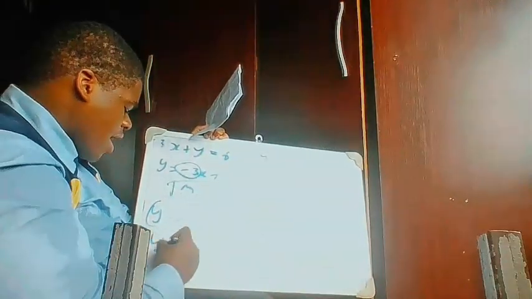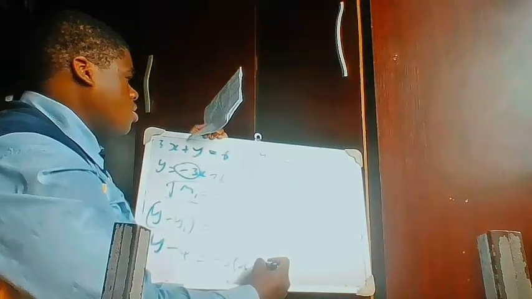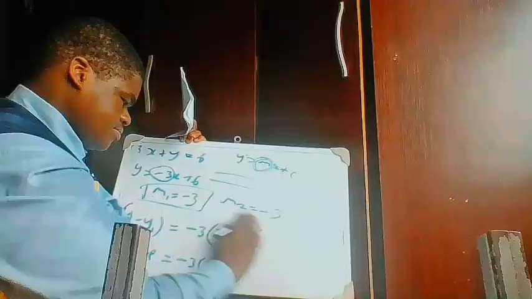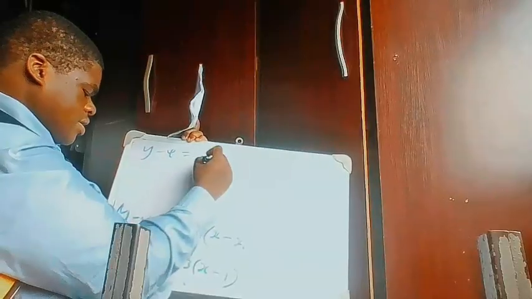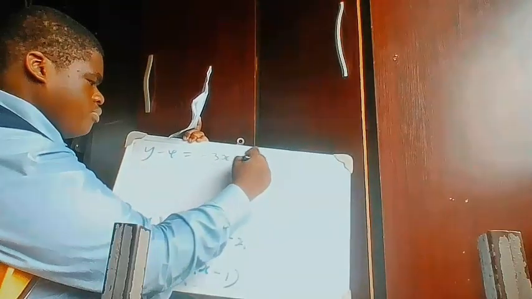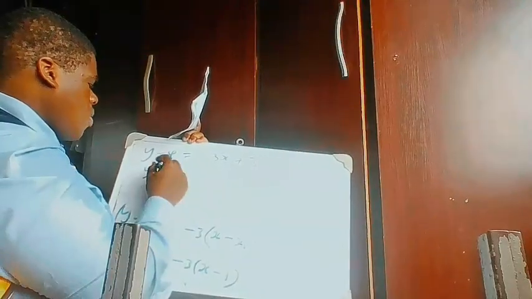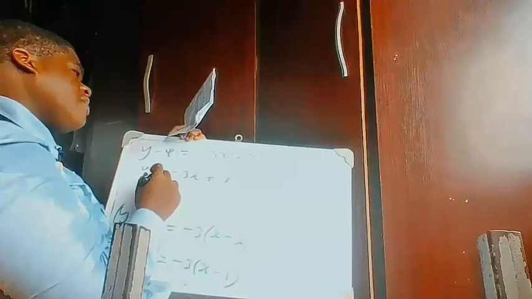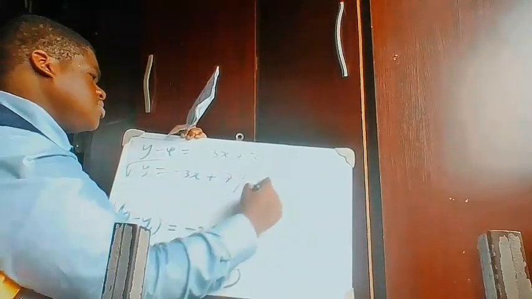So you have y minus 4 is equal to minus 3 bracket x minus 1, which is y minus 4 is equal to minus 3x plus 3. So y is equal to minus 3x plus 7, and this is option D.